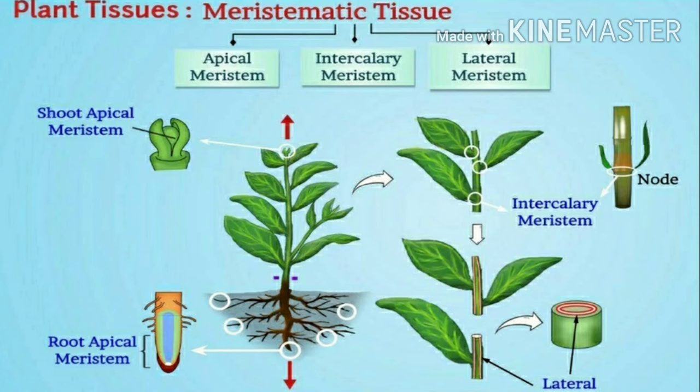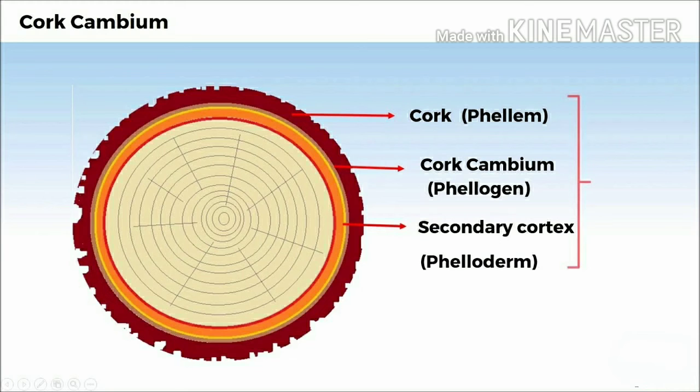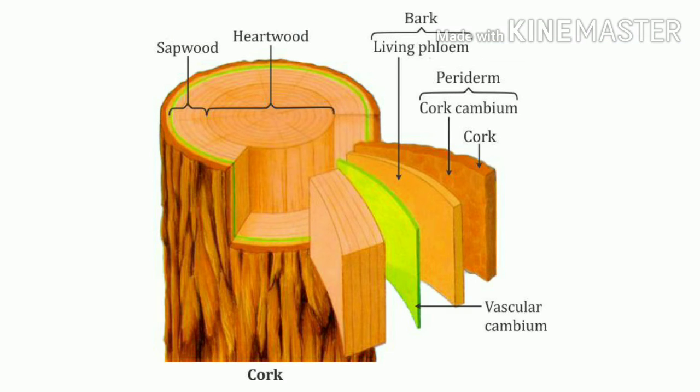That's why these are called cylindrical meristem. Fascicular vascular cambium, interfascicular cambium, and cork cambium, we are going to discuss all these in detail. These are all called lateral meristem, and they are responsible for secondary growth, that is forming the woody part of the plant.